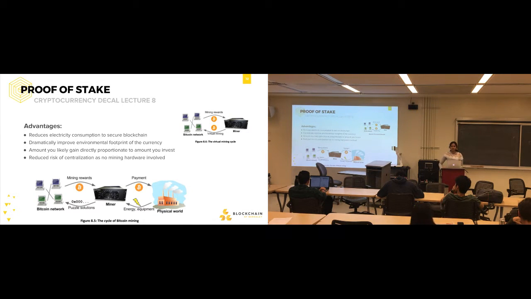There's a reduced risk of centralization with proof of stake because you don't need ASICs to mine anymore. All miners can mine just as efficiently as one another. And it also gives miners a reason to be invested in the long-term health of the currency.